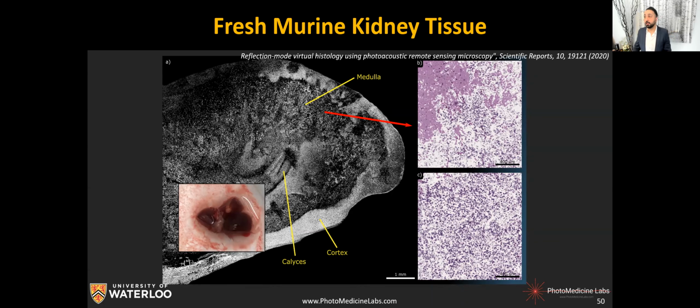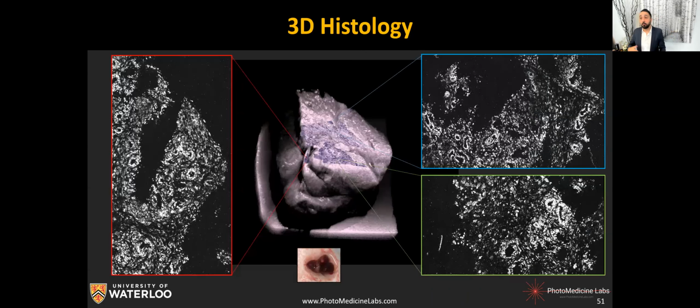fresh resected tissue. Another important thing we have done: we built an OCT, optical coherence tomography, system, using a very unique novel method that I'm not going to disclose right now, into our PARS system. And the idea is that with that OCT method, we would like to get a 3D morphology or topography of our surface, because as you can imagine, as we can see, we do not have a flat surface.